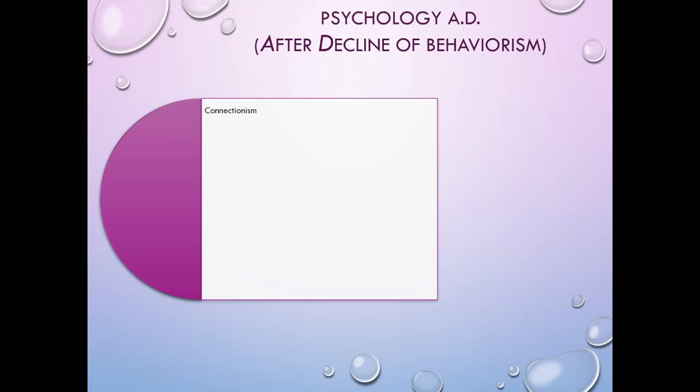And then there's another use of connectionism, in the context of neural networks. You've got your neurons in your brain, in the cortex, and they are all interconnected in what we call neural networks. There are certain areas of your brain that are focused on processing certain kinds of information.